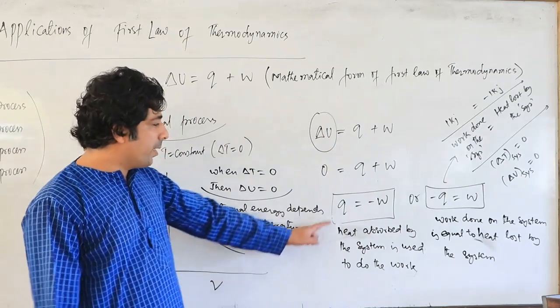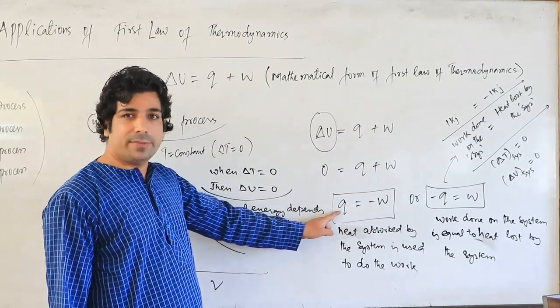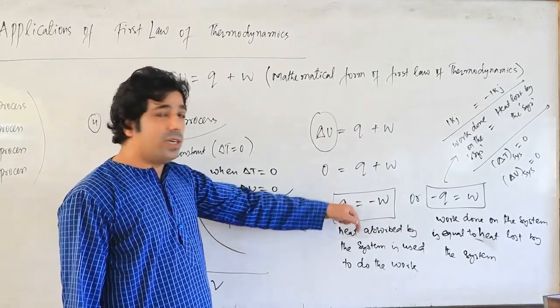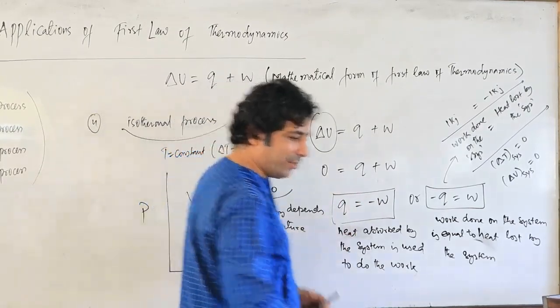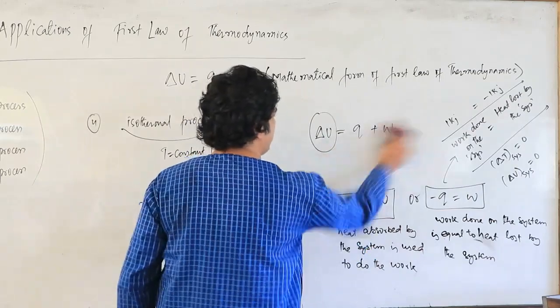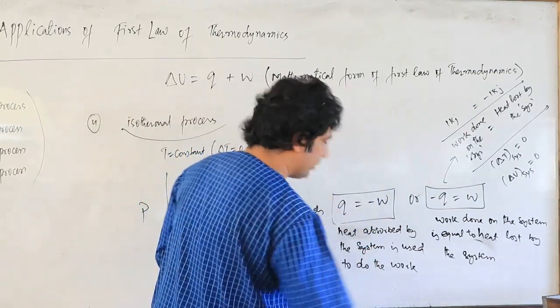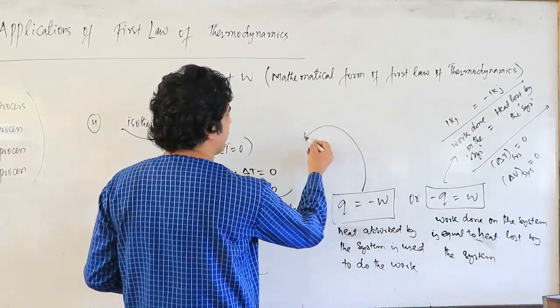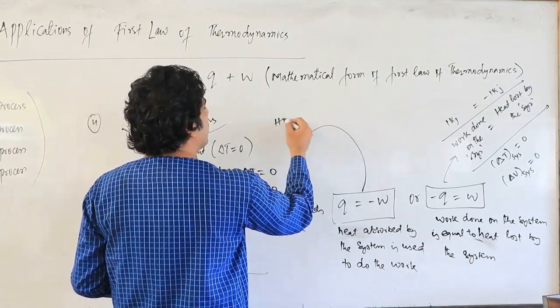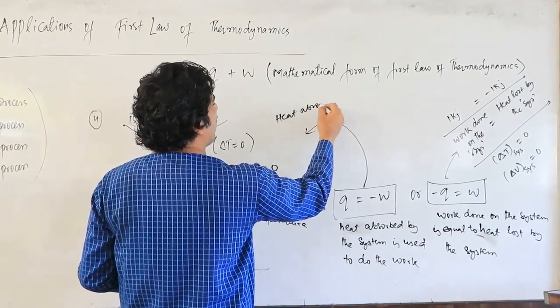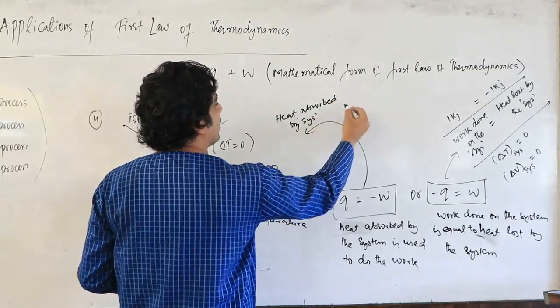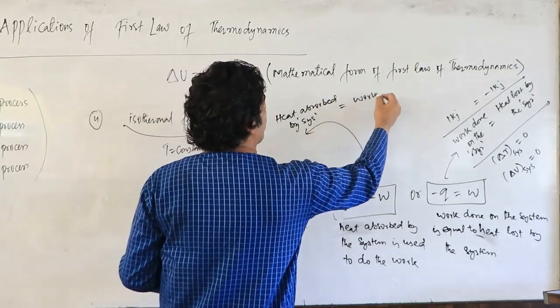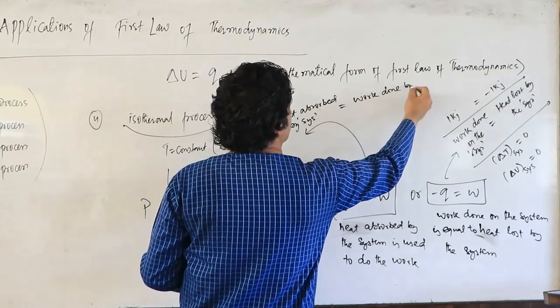And here heat absorbed by the system is equal to the work done by the system. So in this expression I can write down here, my dear friends, heat absorbed by the system is equal to work done by the system.